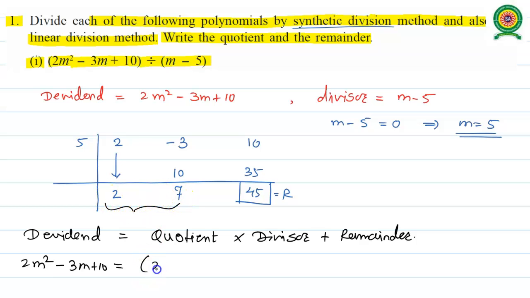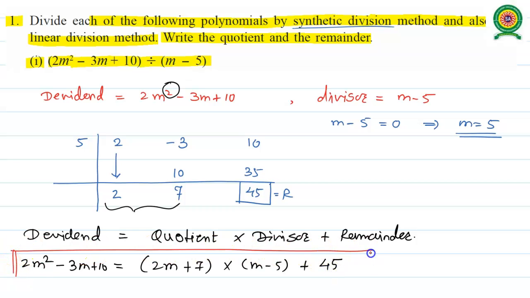It is 2m + 7. Be focused about the quotient: the variable m has degree less by 1 as compared to the dividend. Times the divisor m − 5, plus the remainder 45. This is all about synthetic division.